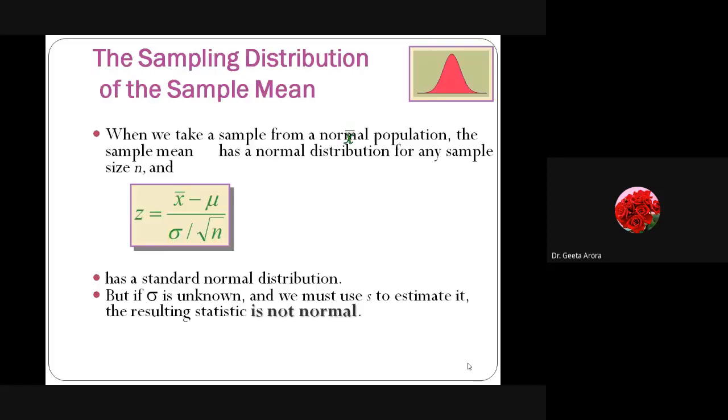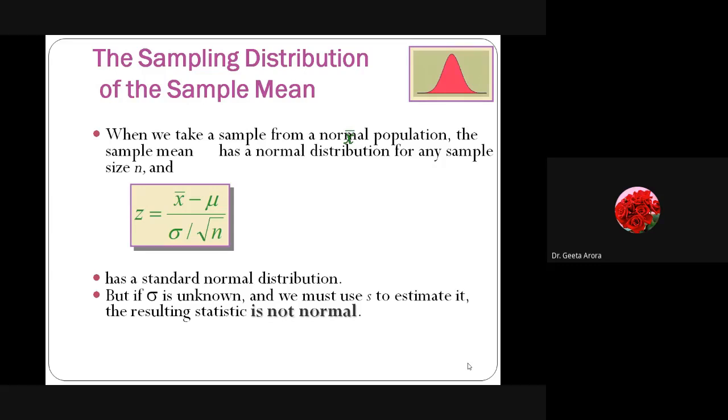So whenever we are working with a sample from a normal population with a normal distribution, we have the formula z given by x bar minus mu divided by sigma by under root n. Correct? But here we have written in bold that if sigma is unknown, then, as in the earlier question, whenever sigma is not known, we use s.